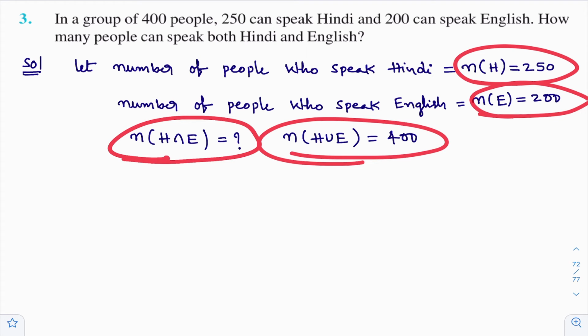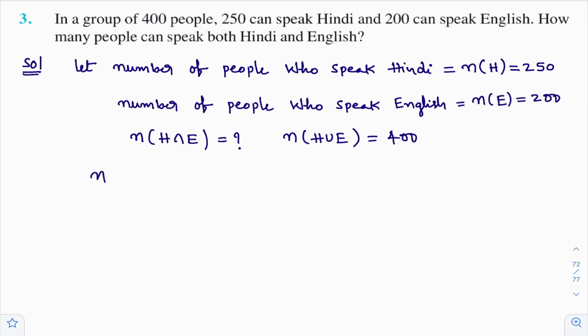As we discussed earlier, there are a total of 4 elements in the formula for n of h union e, and if we know any 3, calculating the fourth one is very easy. So I'll write the formula. What is the formula for n of h union e?